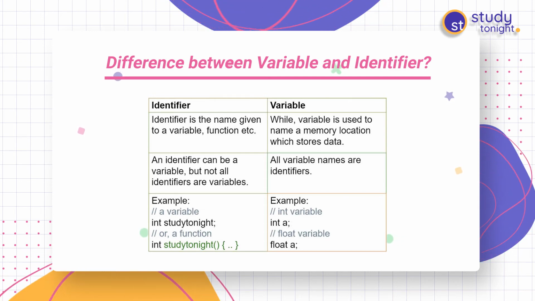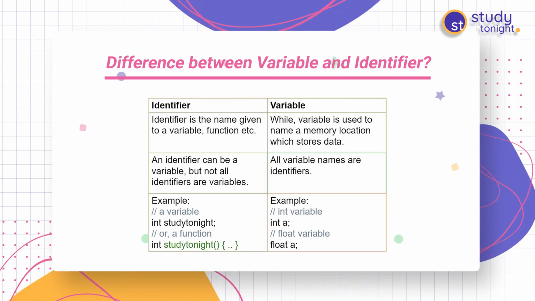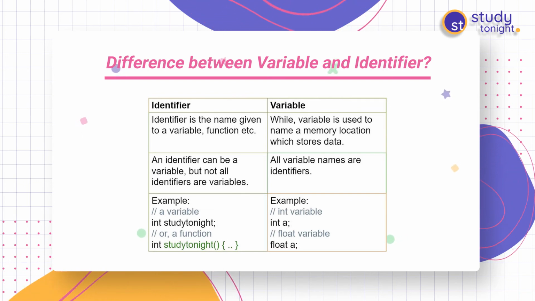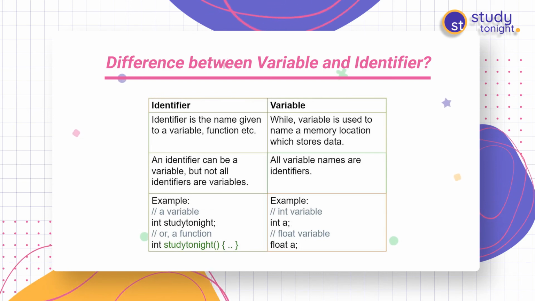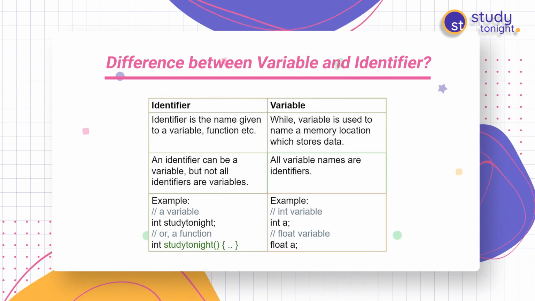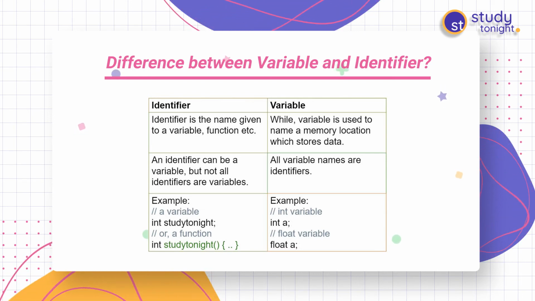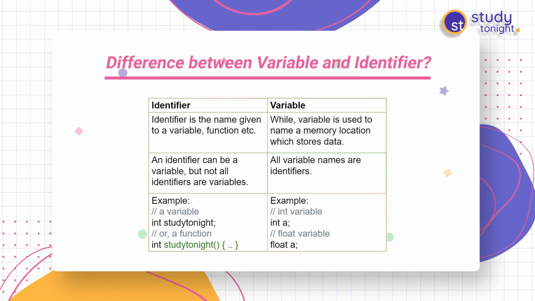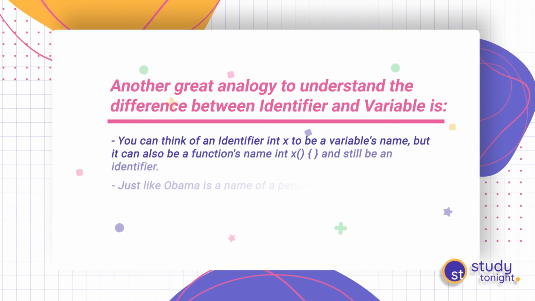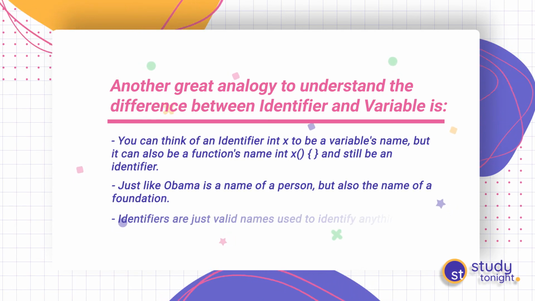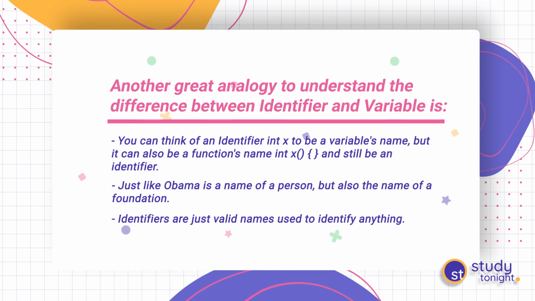So now there are two things, int a and float a. These are variables, but here in study tonight, the second one is a function, as we have given it with the braces, right? Simple braces.